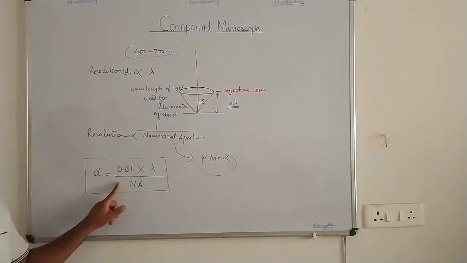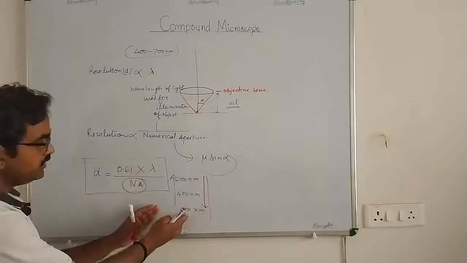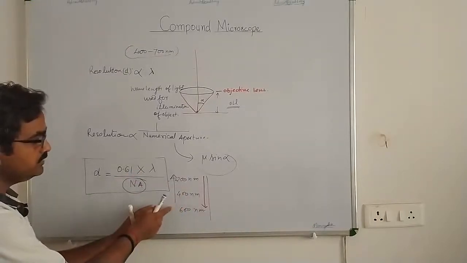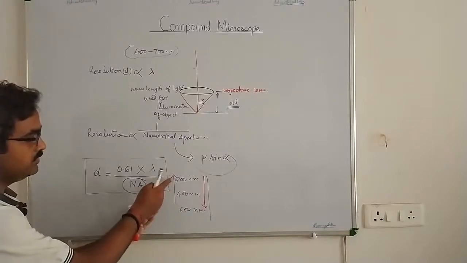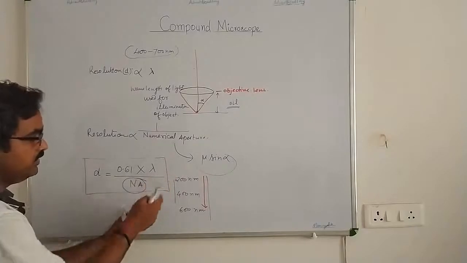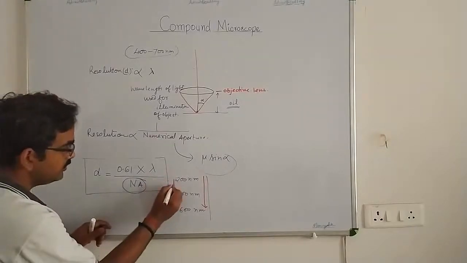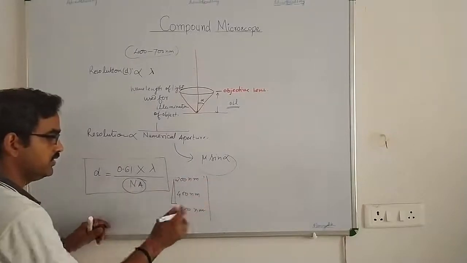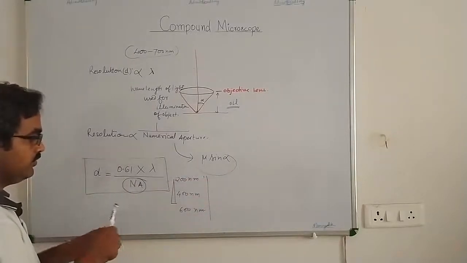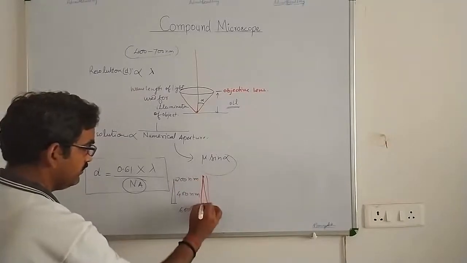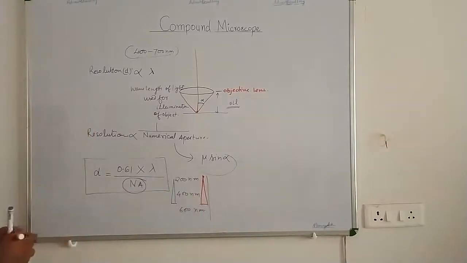Remember, when we go from 400 nanometer to 200 nanometer, we are decreasing the wavelength of light, and when we move the other way, we are increasing the wavelength of light.